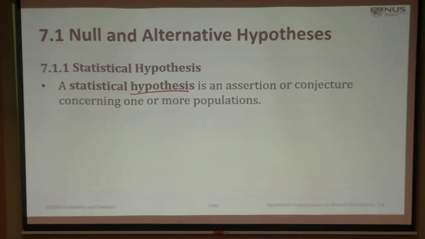That means it can be true or it can be false. A statistical hypothesis is some statement concerning the properties of the populations. To make it easy for us, what we discuss is only about mean and variance, these two parameters of the populations. In fact, we also limit our discussions to normal populations.